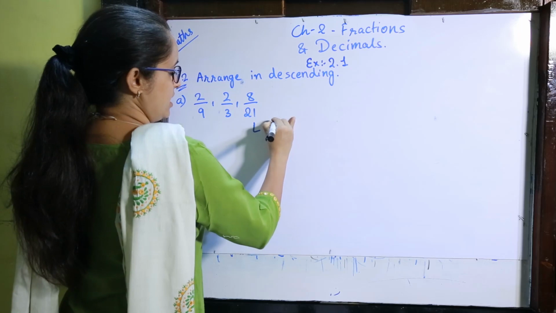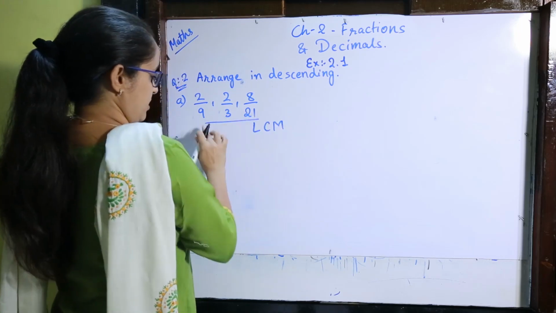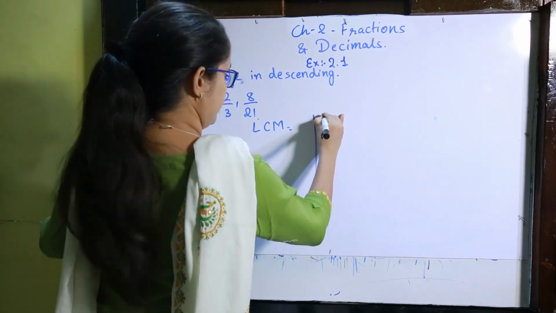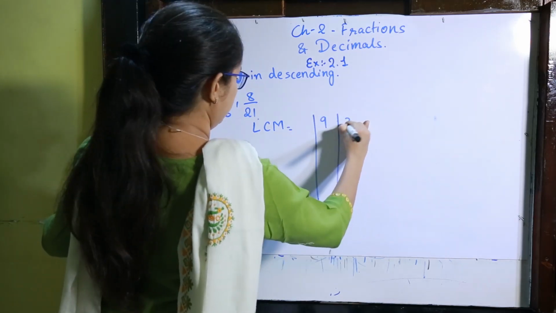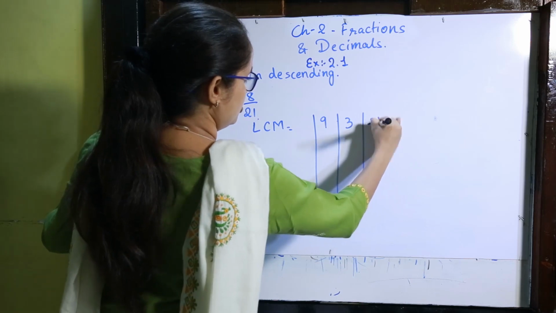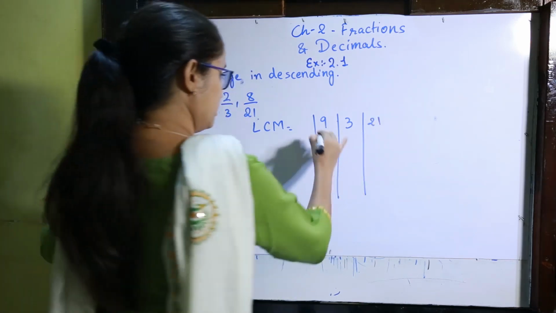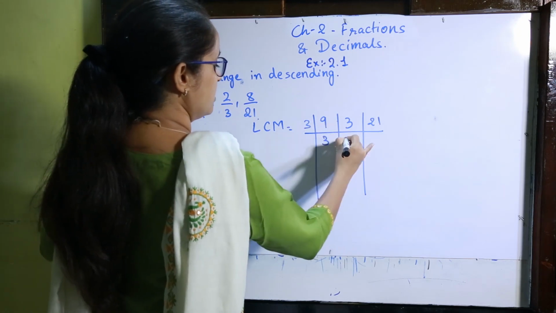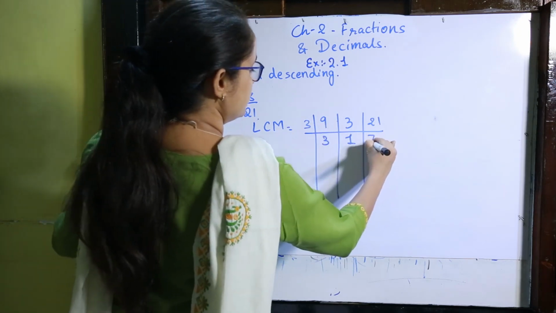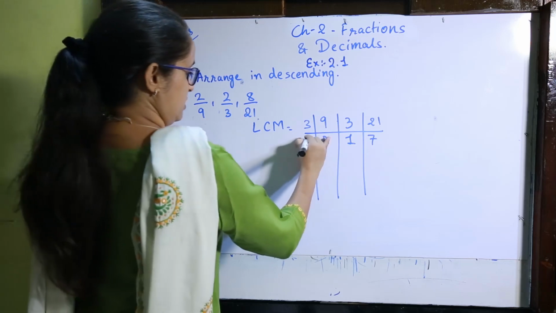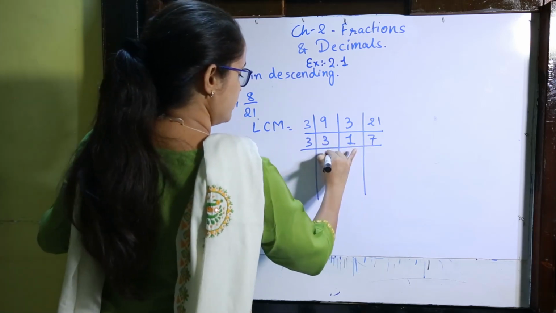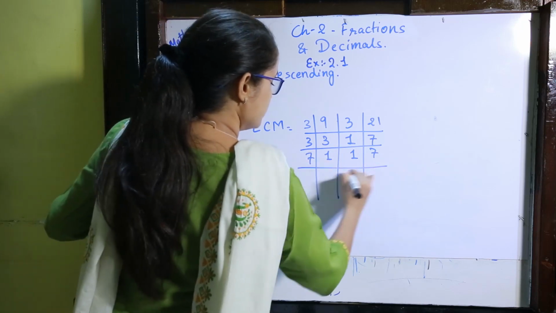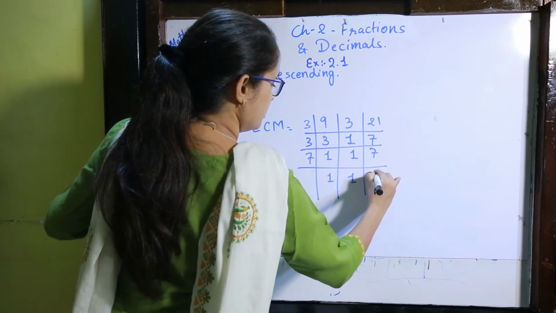So to convert them into like fractions, you have to find the LCM of the denominators. So the LCM of the denominators 9, 3, 21: 3 3s are 9, 3 1s are 3, 3 7s are 21, 3 1s are 1 and then 7, then again 7 1 1.